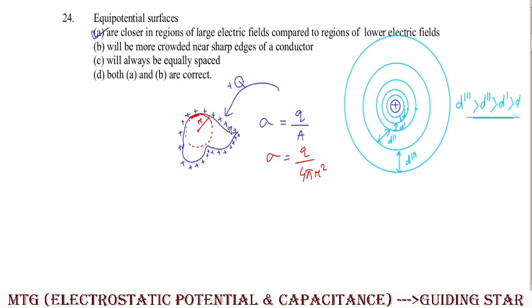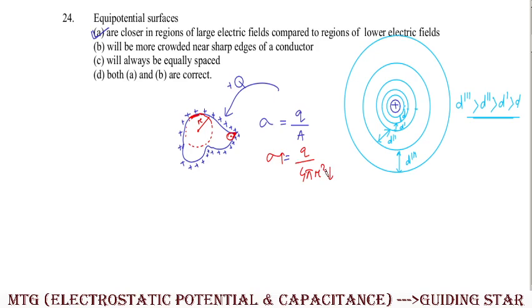Similarly, if I take this particular curve over here, the imaginary sphere will be very small. That means its radius will be small. If the radius decreases, the surface charge density will increase.